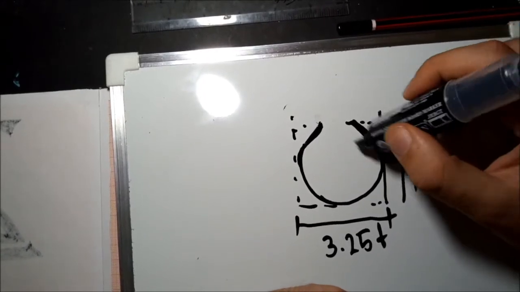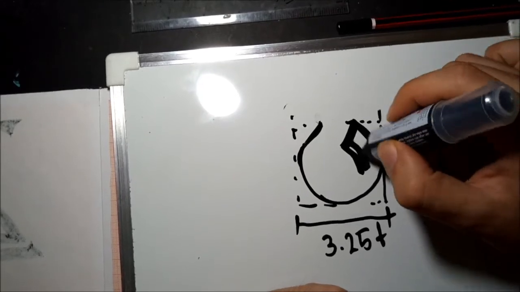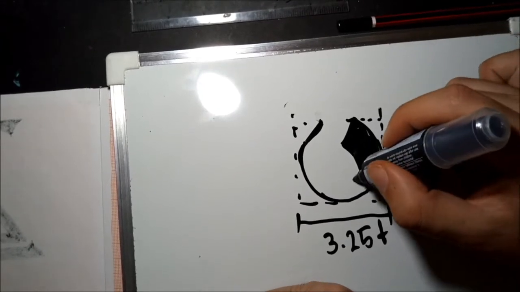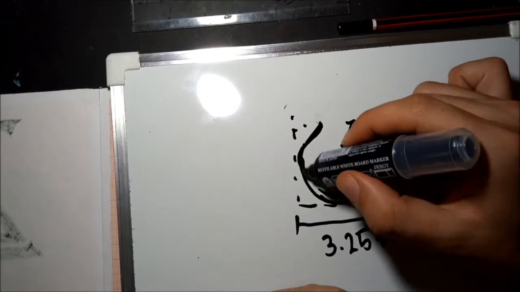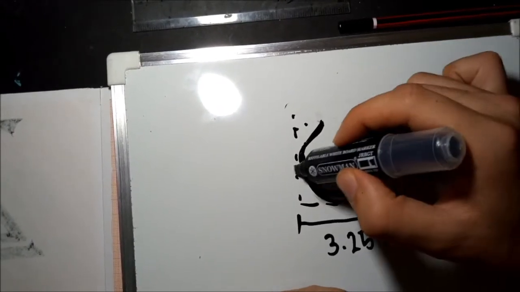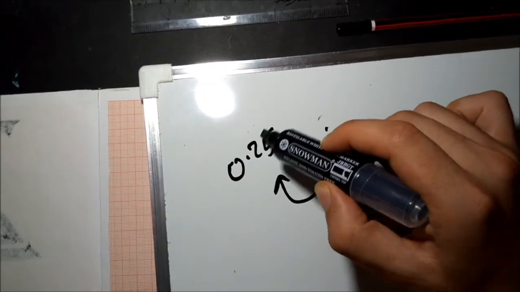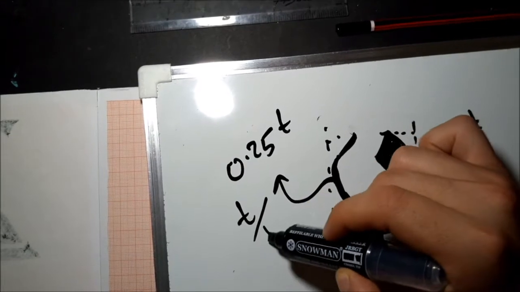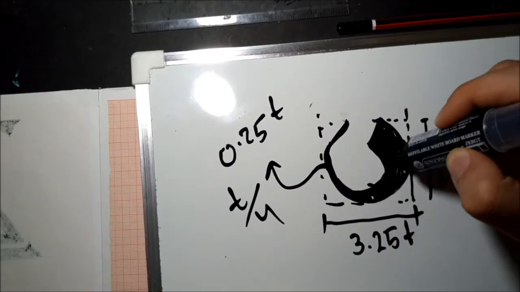Now right here we're going to add this move, and the letter will start to gradually decrease in size until it reaches a thickness right here that equals 0.25 T or T over 4, a quarter of our thickness.